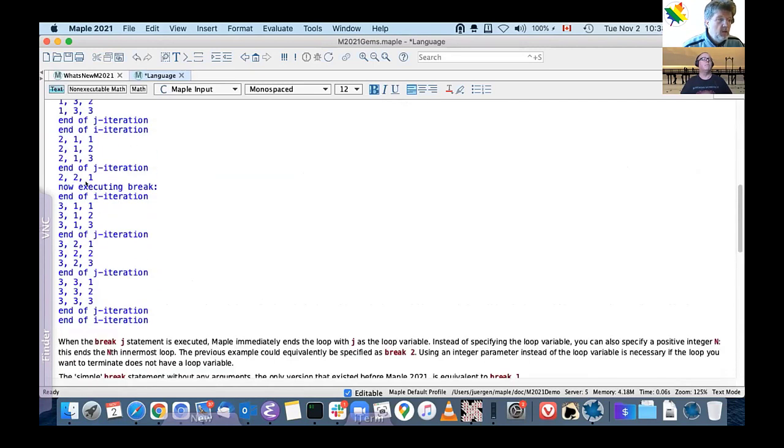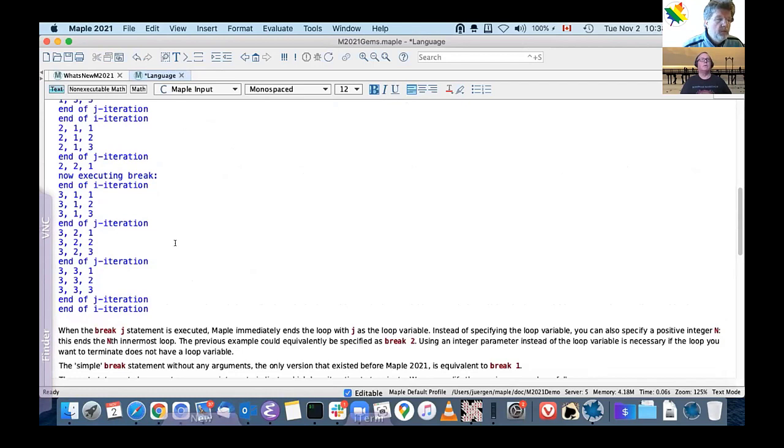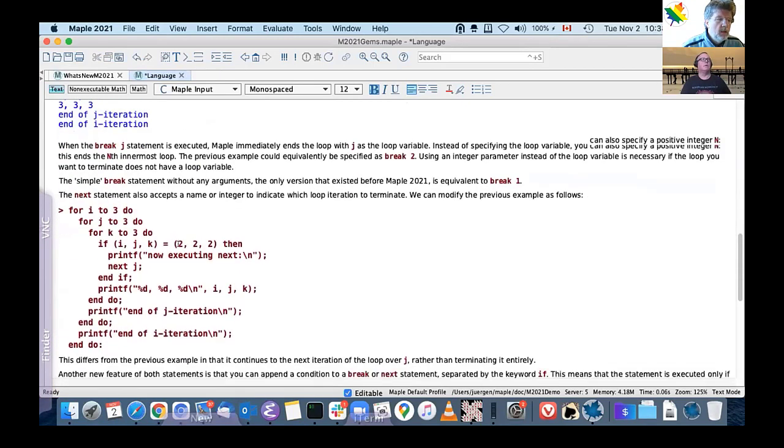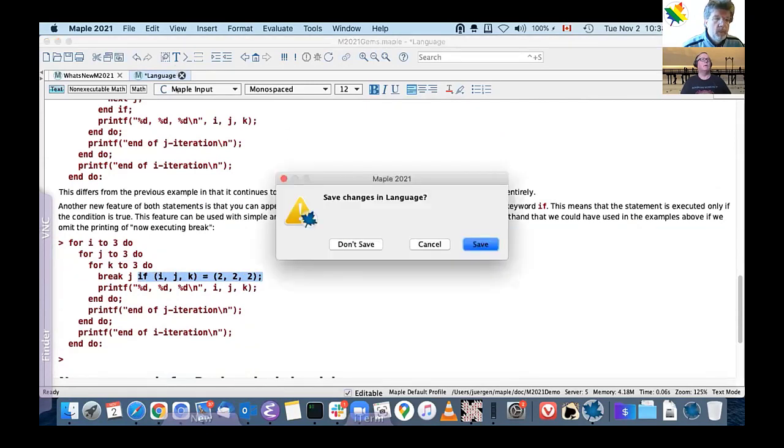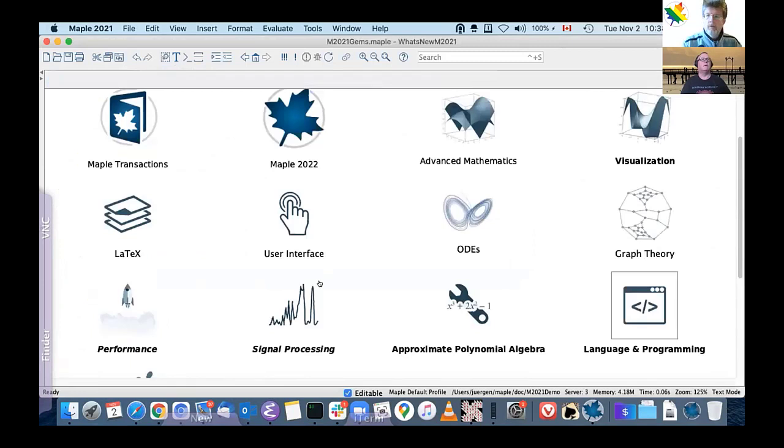And then you can see here, there's a print statement which we inserted that this operation, the innermost iteration is stopped, but the next one is continued, and that actually triggers a continuation of the outermost loop as well. And we have something similar for next as well. And then you can even use a nice syntax here to have a conditional break and a conditional next. And I'll stop here and open the floor for questions.